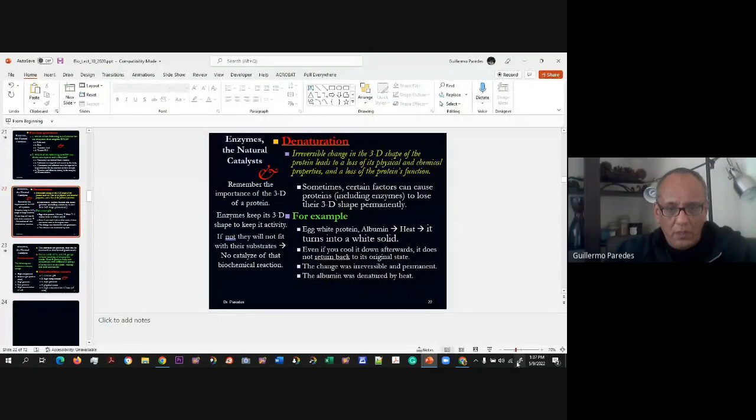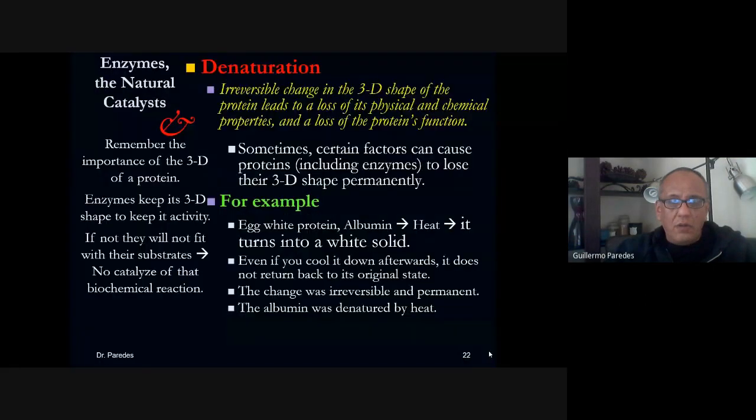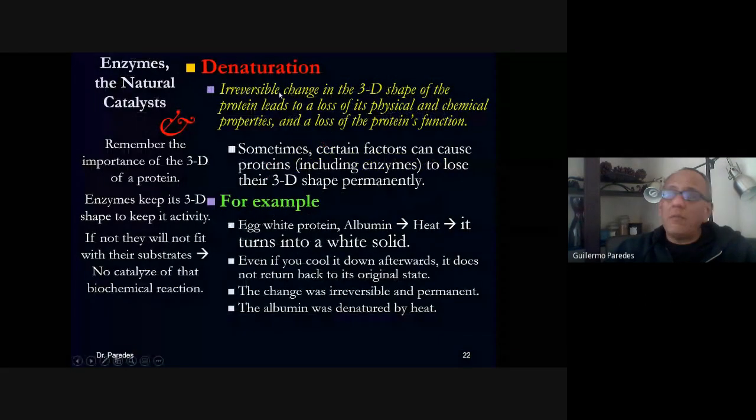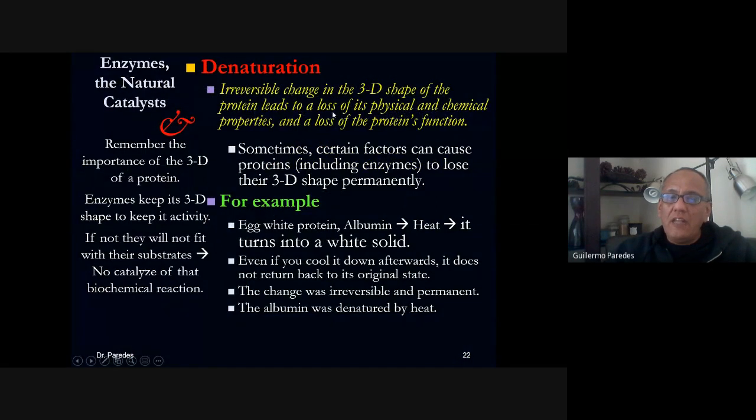So what is denaturation? It is an irreversible change in the 3D shape of the protein that leads to a loss of its physical and chemical properties and loss of the protein's function. In this case, the enzyme is a protein whose function is to accelerate chemical reactions. That is not going to happen.